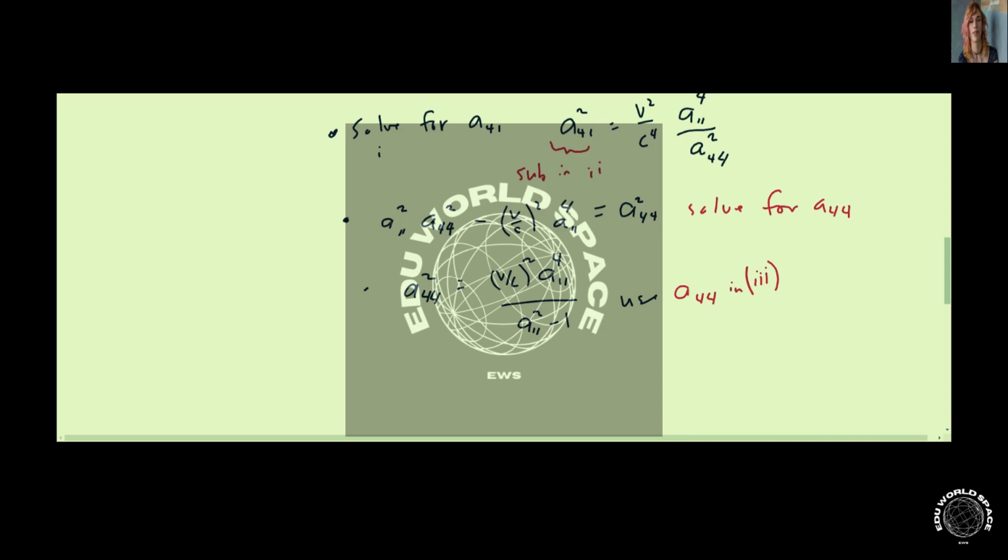Okay, so we have a44 squared, we're starting with that one, and we use that in there. And let's see. Let's put this to the other side just to save a step.